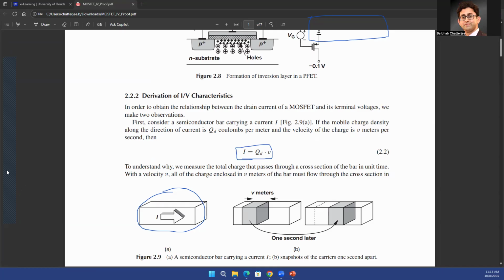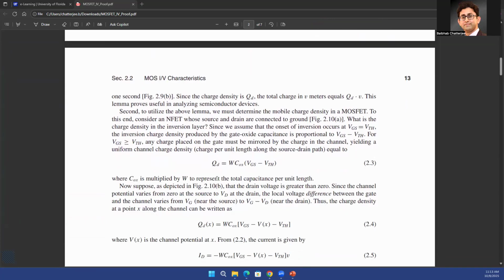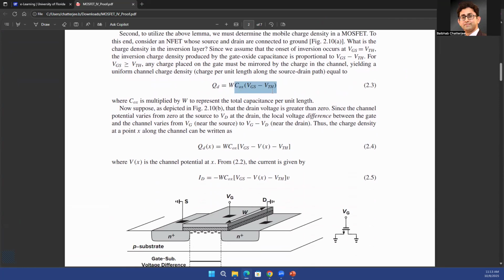That will actually give you the amount of current. Now, the same things that we discussed, how you represent the total amount of charge in the channel as W COX times VGS minus VT. We wrote it down as VT. Here it's written as VTH. Both represent the same thing.